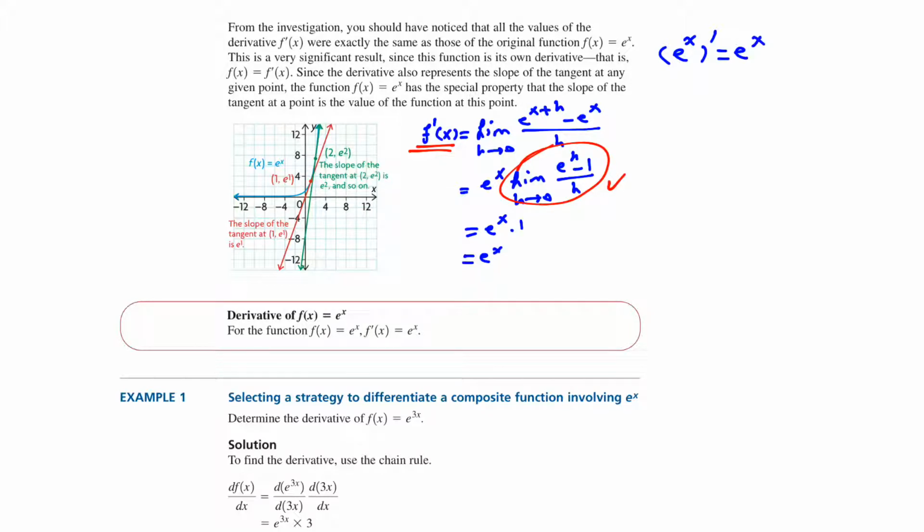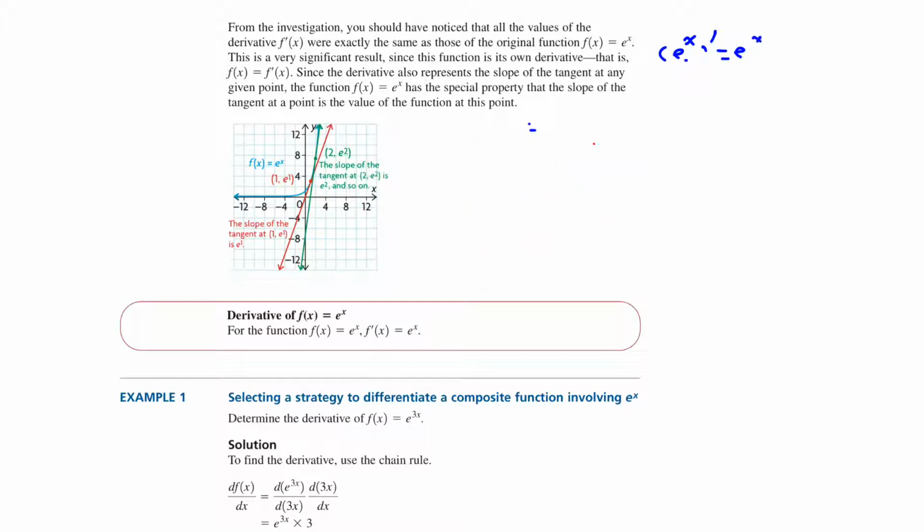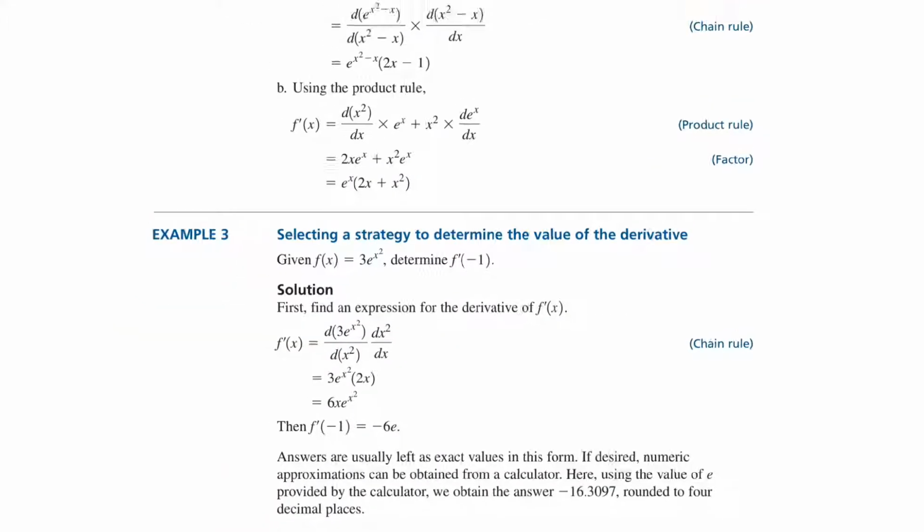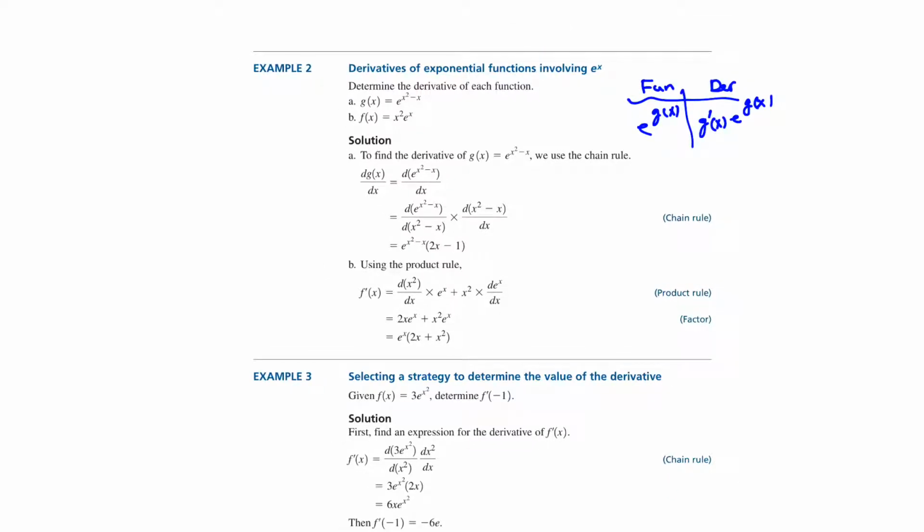We can use the chain rule and show the derivative of e to the power of g of x is g prime of x times e to the power of g of x. This means, for example, the derivative of e to the power of 2x is 2e to the power of 2x.